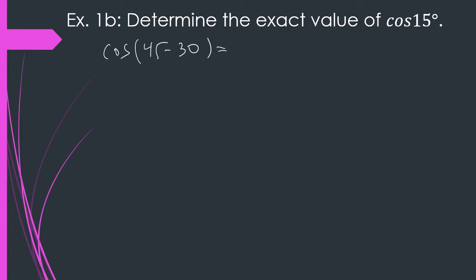Cos A cos B plus sine A sine B. So cos 45 sine, oops, got ahead of myself there. Cos 45 cos 30, and then plus sine 45 sine 30.